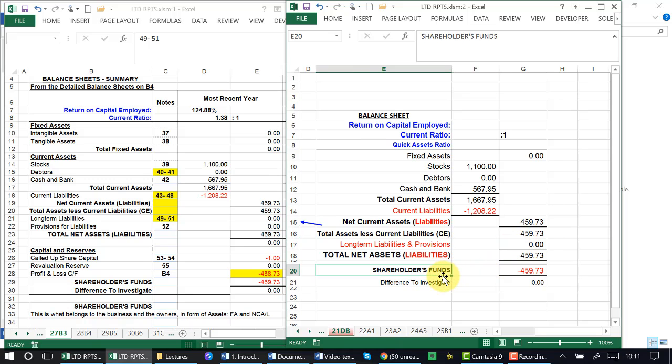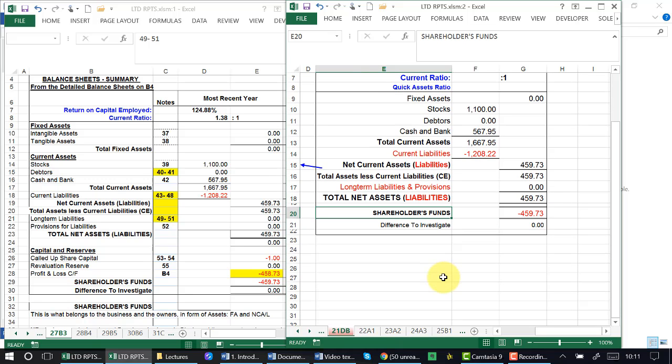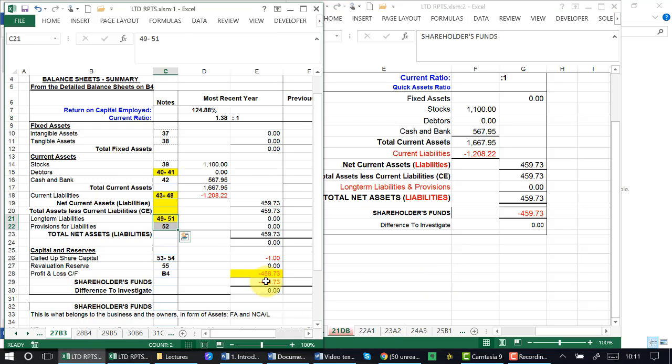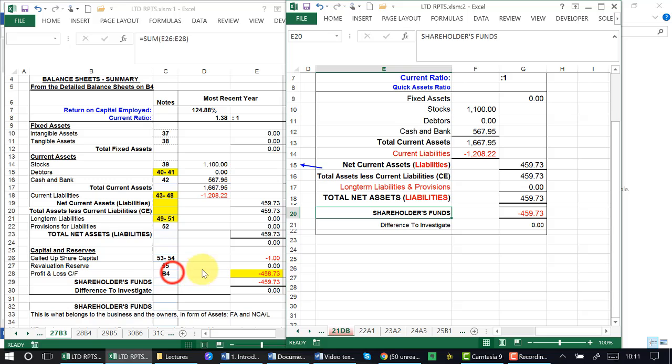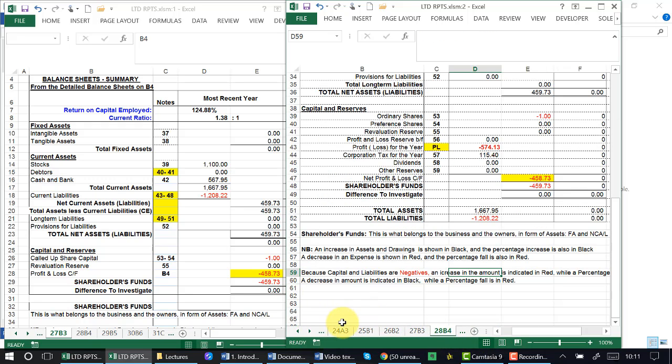And then shareholders' funds is that one there, which basically sums 53 to what? To the end, because this one comes from before. Let's see what it's supposed to be on B4. 53 to 59.